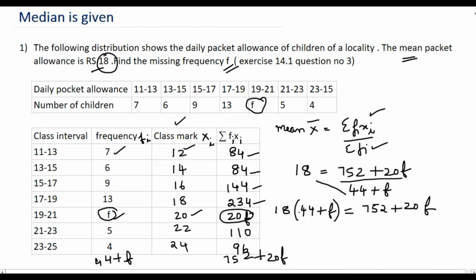So 18 into 44 is 792 plus, you have to multiply both the numbers, 18f equal to 752 plus 20f.